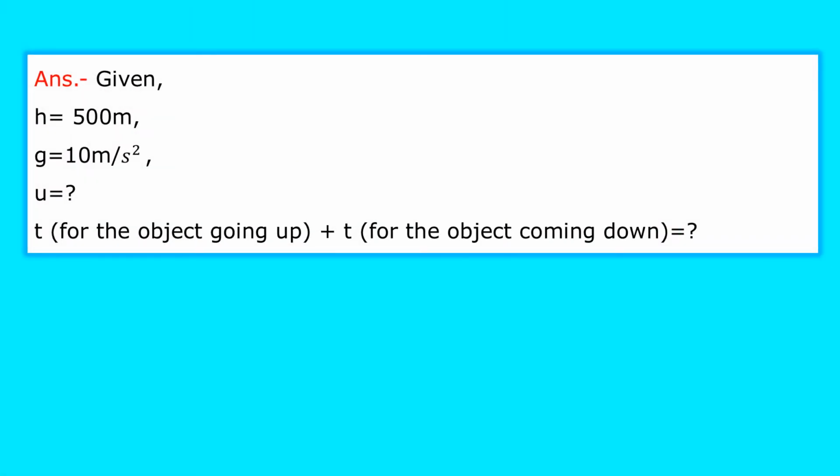Now let us first write the given things. h = 500 meter, g = 10 meter per second square, and we have to calculate u, that is initial velocity, u = ?, and we have to calculate the time for the object going up plus the time for the object coming down. Means we have to calculate the total time.